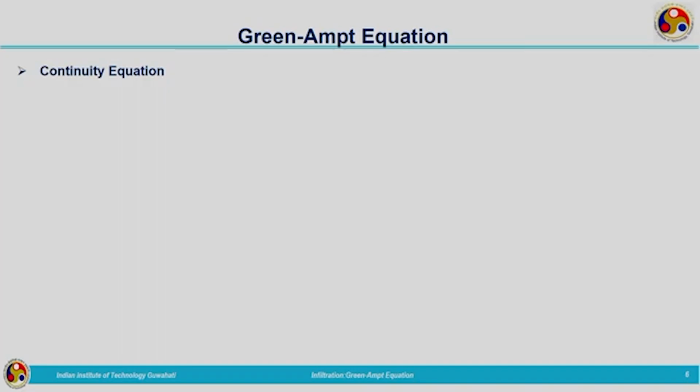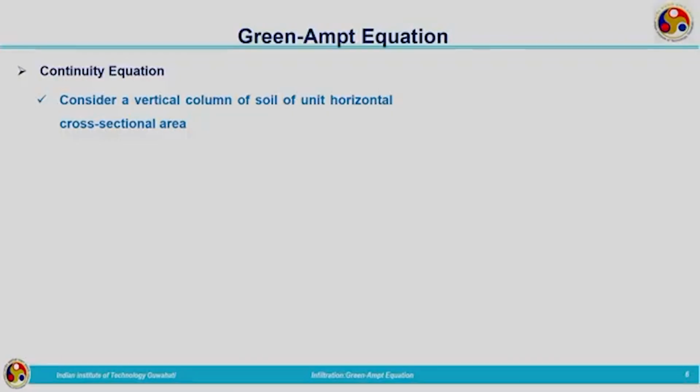First, we are going to derive the continuity equation. For that we need to have an idea about the control volume. So, what we are going to do is consider a vertical column of soil of unit horizontal cross sectional area as the control volume.